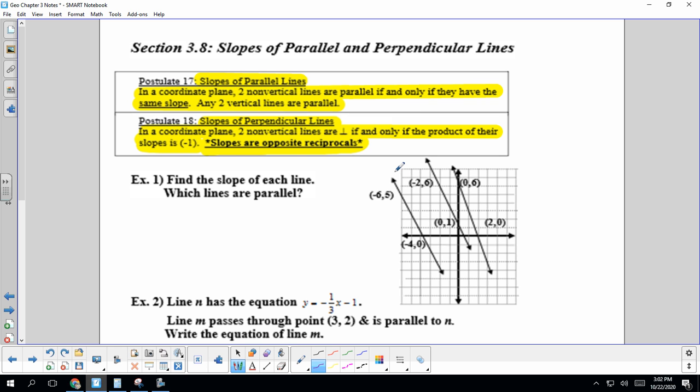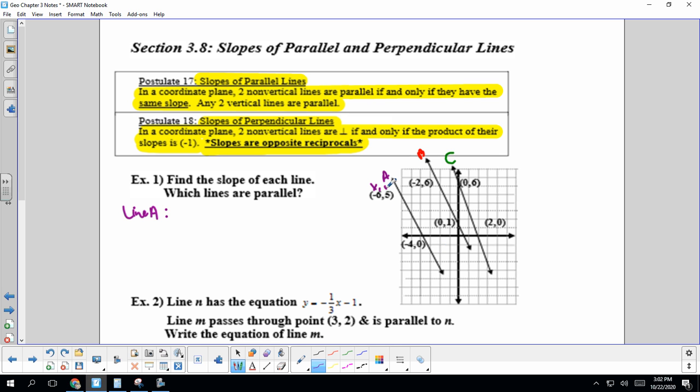So we're going to find the slope of each line. I'm going to color coordinate them. I'm going to call this A, this one B, and this one C. So line A, we need to find the slope.